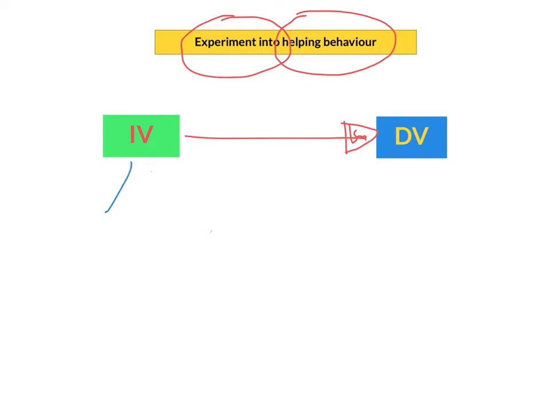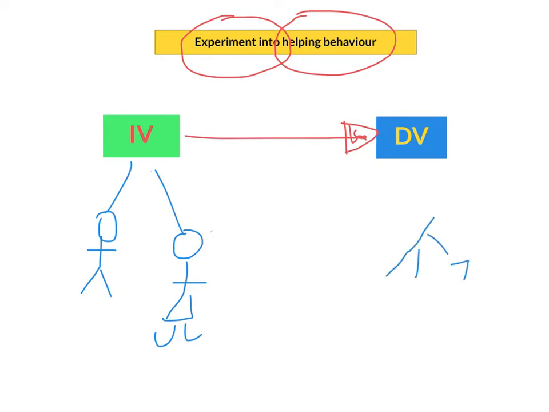Maybe I could have male participants, who could see what's going on, and female participants, and I could see who is more likely to help somebody who's dropping some books. So who is going to help pick up the books for the person. Okay. You can see why I failed GCSE art. Okay, so I could do that.